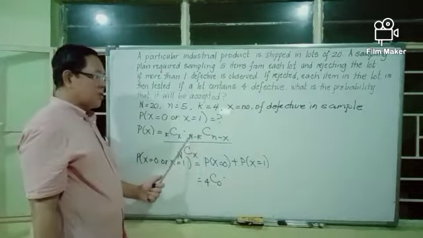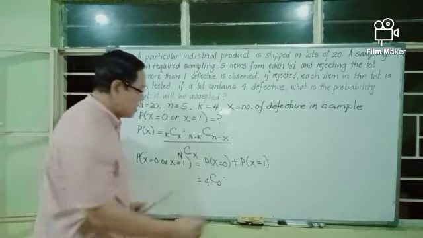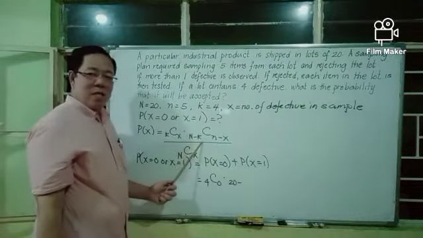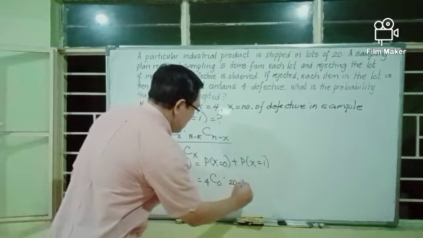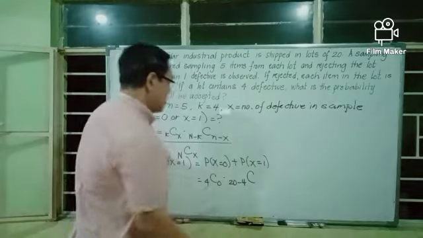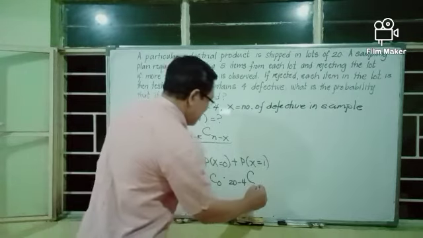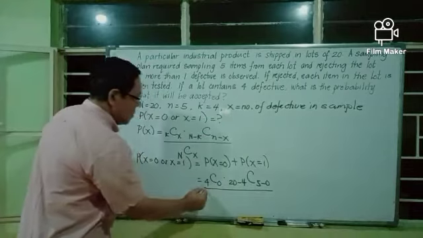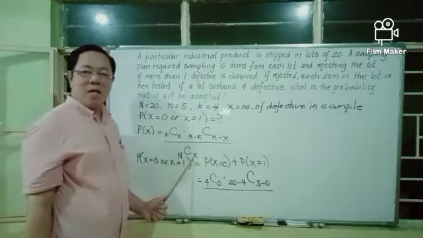Multiply by combination of capital N, the population is 20 items in the lot, minus k, the number of defective items in the lot is 4, taken 5 minus 0, over combination of 20 taken 5 at a time.